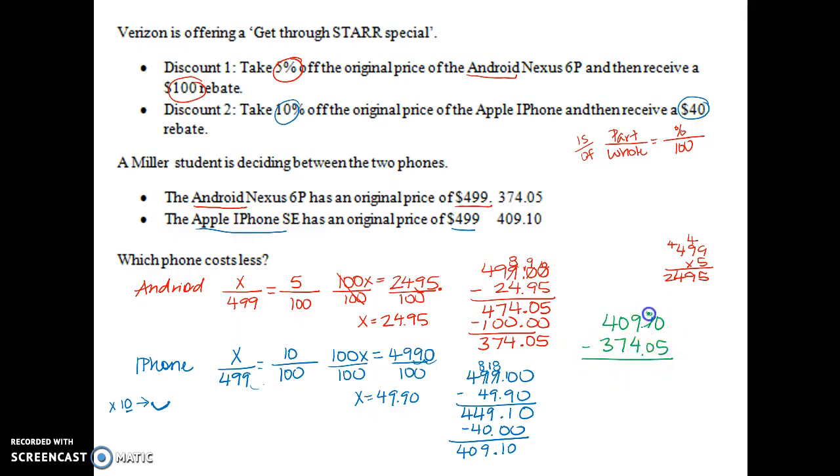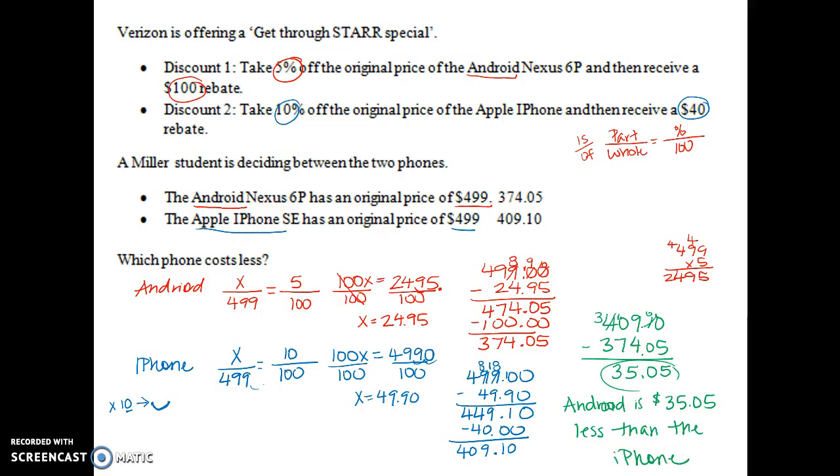I have to borrow, 10 minus 5 is 5, 0, 5, borrow 10, 3. So $35.05. So the Android is $35.05 less than the iPhone.